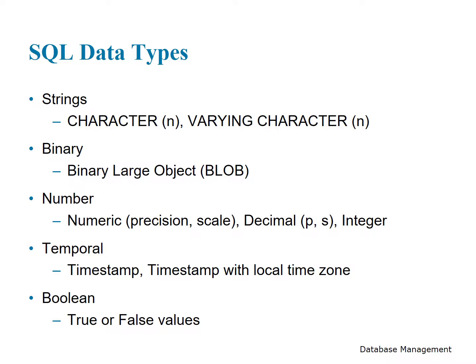Number: NUMERIC(precision, scale), DECIMAL, INTEGER. NUMERIC or DECIMAL store exact numbers with a defined precision and scale. In Oracle, NUMBER(precision, scale), for example, NUMBER(12,2). INTEGER stores an exact number with a predefined precision and scale of 0.